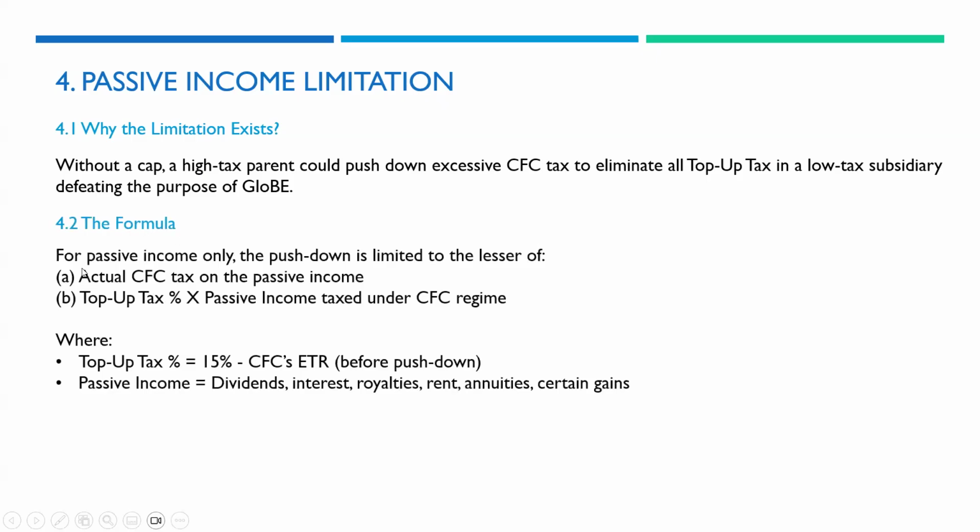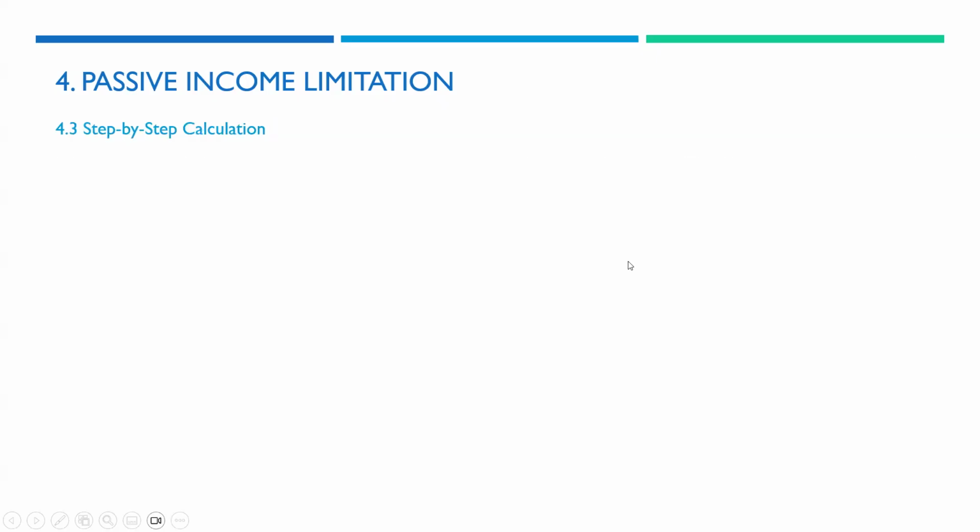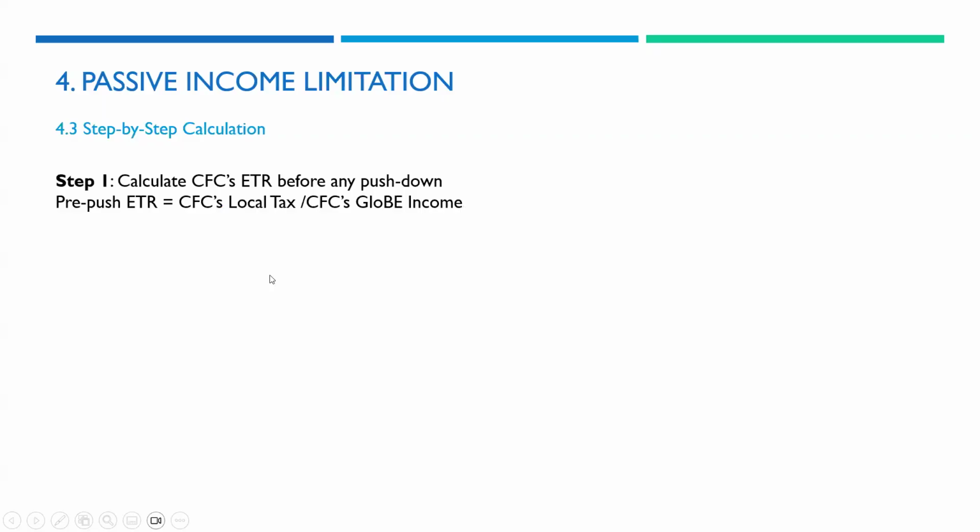So what they have told us is, for passive income, the push down is limited to the lesser of the actual CFC tax or the top up percentage in the subsidiary into passive income under CFC. What you have to do is, if the income that is added into the parent's CFC calculation is passive income, then calculate the CFC's ETR before push down.